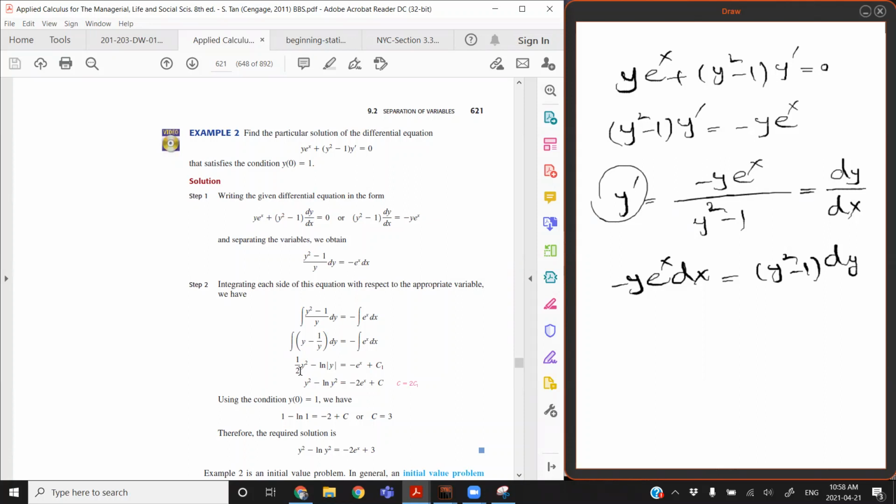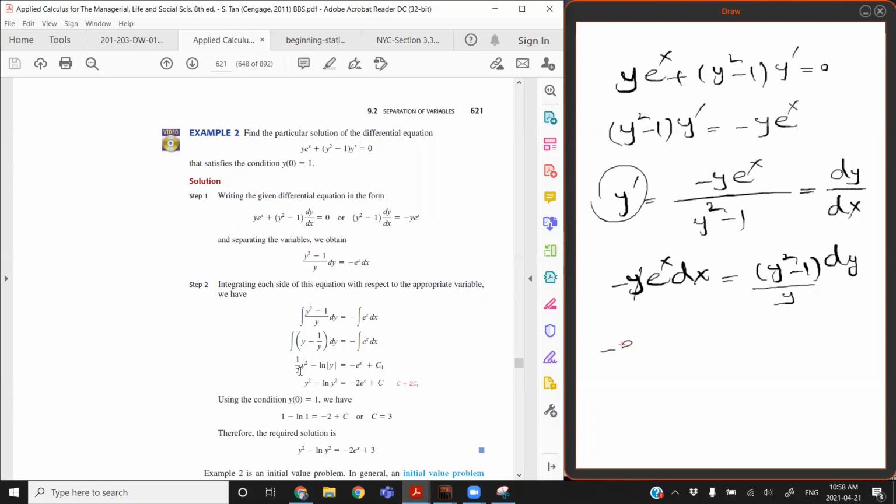Now I want to separate the x's from the y's, so I can see that the only thing I need to do at this point is to get rid of the y on this side, or the minus y, it doesn't matter. I'm going to get rid of just the y, and it will appear at the bottom here.